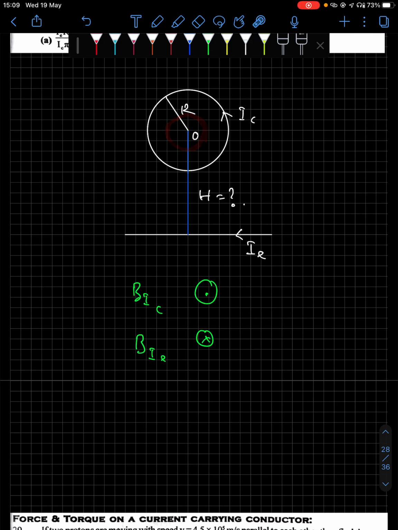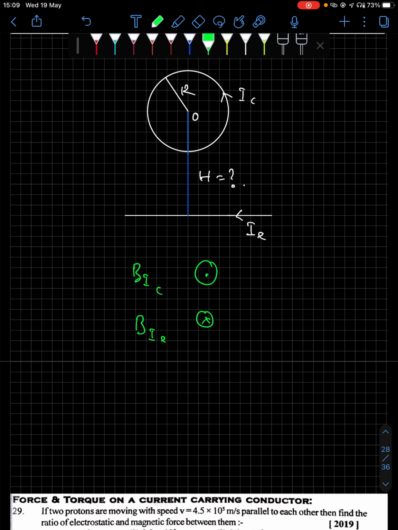Since these are oppositely directed, the magnetic field values have to be the same.